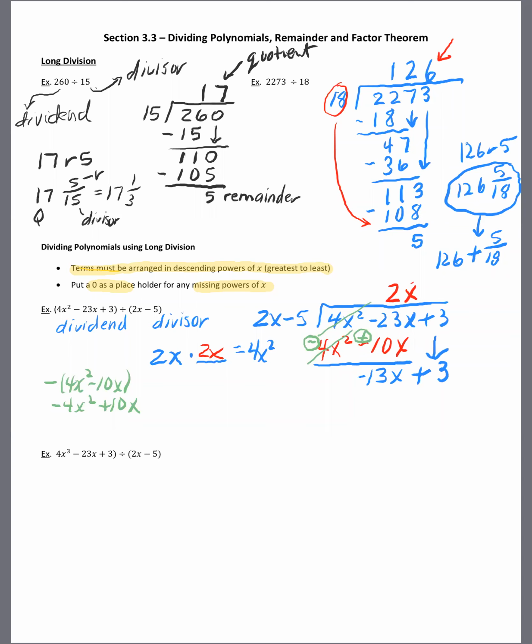Okay, so now if I try to take my divisor, 2x again, I know I have to times him by something, and I want to try to get him to be a -13x. Well, the best I can do here is to get it to be a 12x, because there's no way for me to actually get a 13x unless I use a fraction.